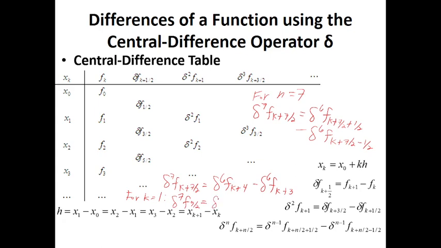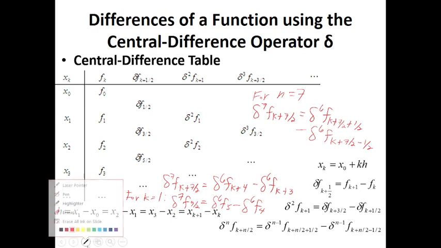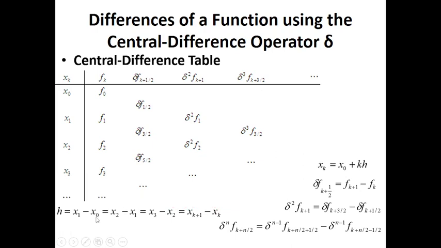So delta to the 6, k is 1, so that is f sub 5, delta to the power of 6 f, 1 plus 3 is 4. That's it. So that's the formula.